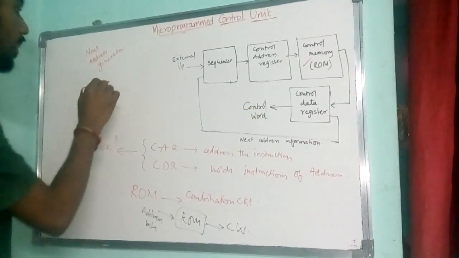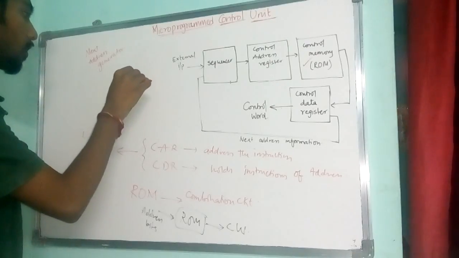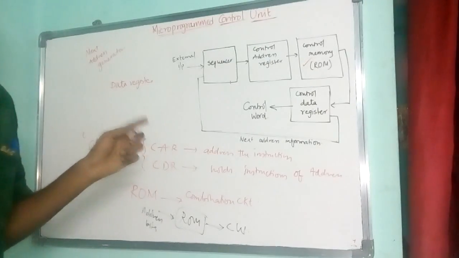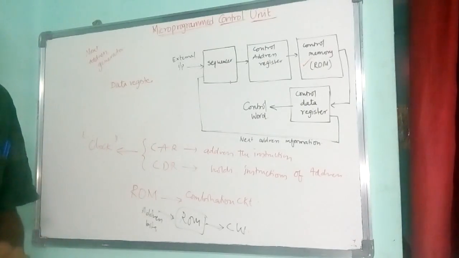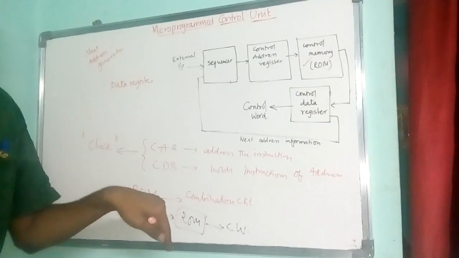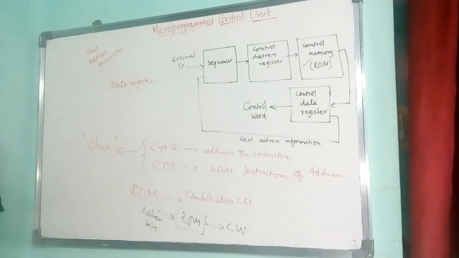Here the data register, although it is executing the present instruction, fetches the next instruction and computes it and puts it in a line. That means it will be ready for execution of the next instruction although it is doing its present instruction.